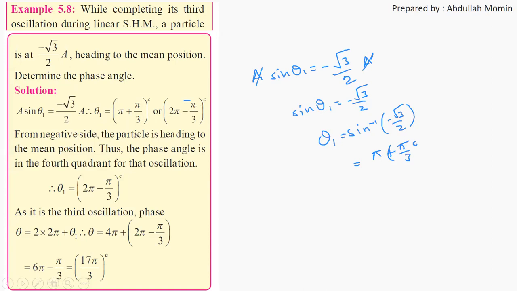For the negative side, the particle is heading to the mean position. The phase angle in the fourth quadrant for that is 2 pi minus pi by 3. As it is the third oscillation, the phase angle is the completed second oscillation plus 2 pi minus pi by 3. When you solve it, you will get 17 pi by 3 radian.